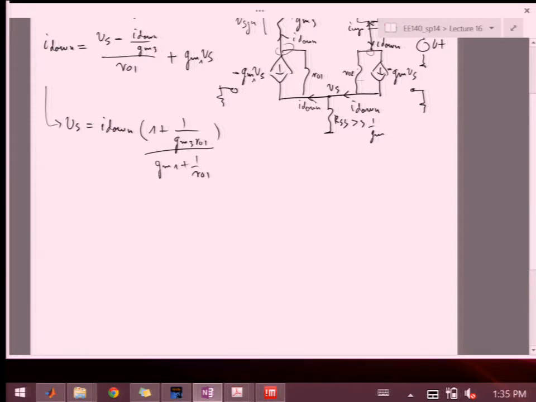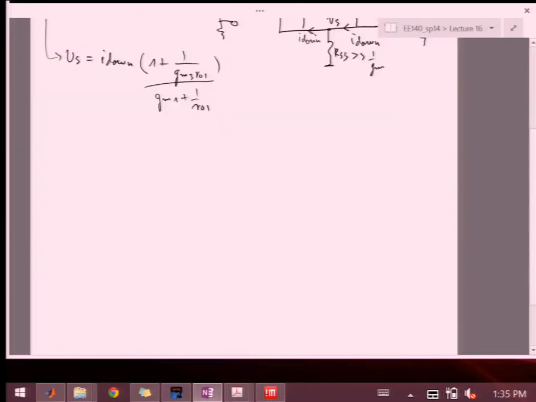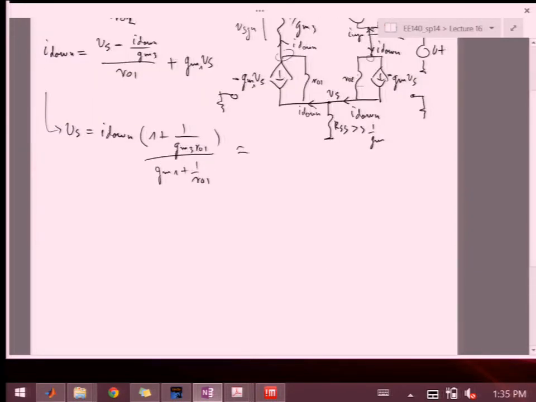Okay, see if I did this right. Yeah. So now we can approximate a few things. I can say that 1 over RO1 is much smaller than GM1, because it's the output impedance. And 1 over GM3 RO1 is definitely smaller than 1. So I'll just approximate this as I down over GM1.